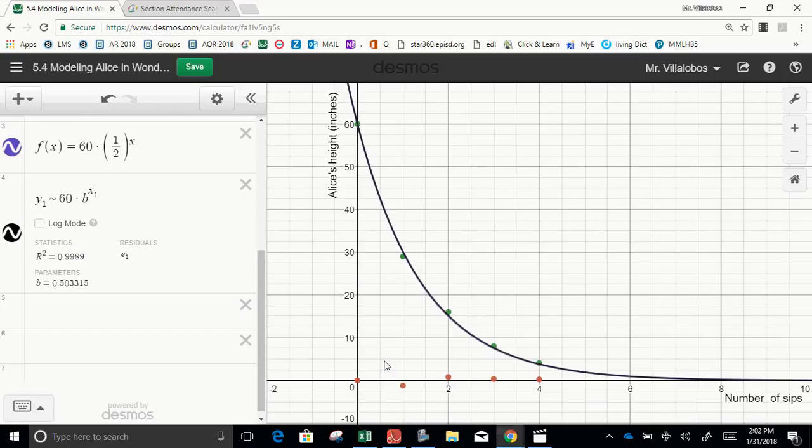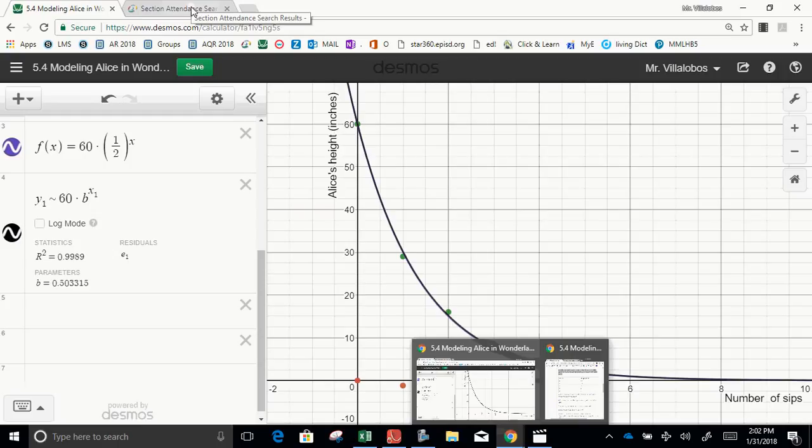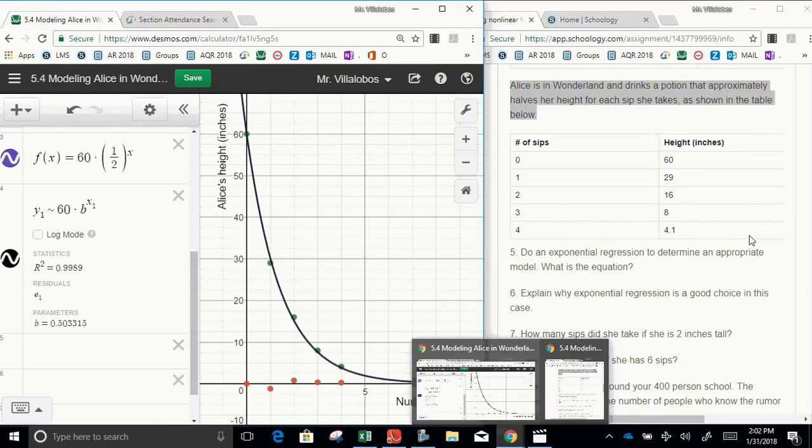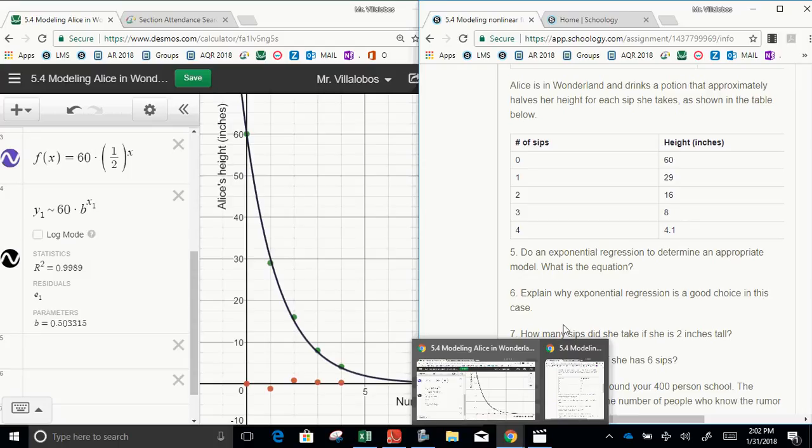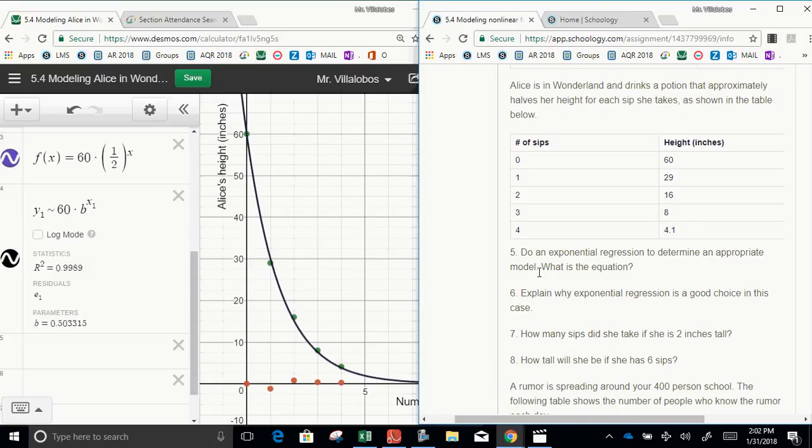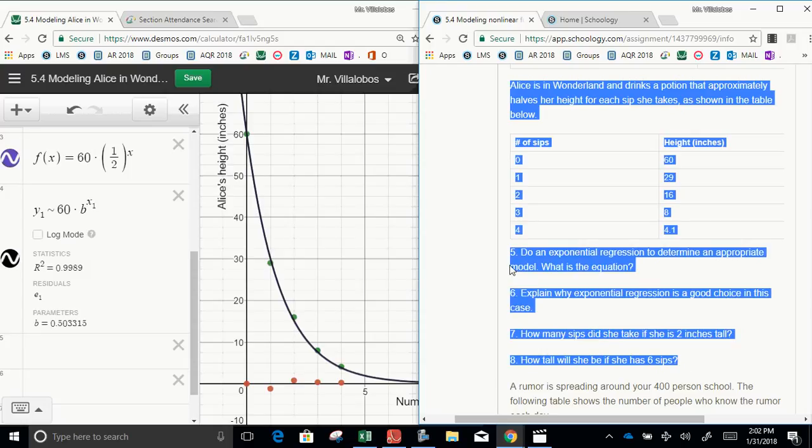So, we have to answer some questions. Let's answer them. Let's see where they're at. They're right here at our other window, yeah? Right under the table are the questions. So, let's copy the questions. Oops. Wait a minute. You got that open? What is that?